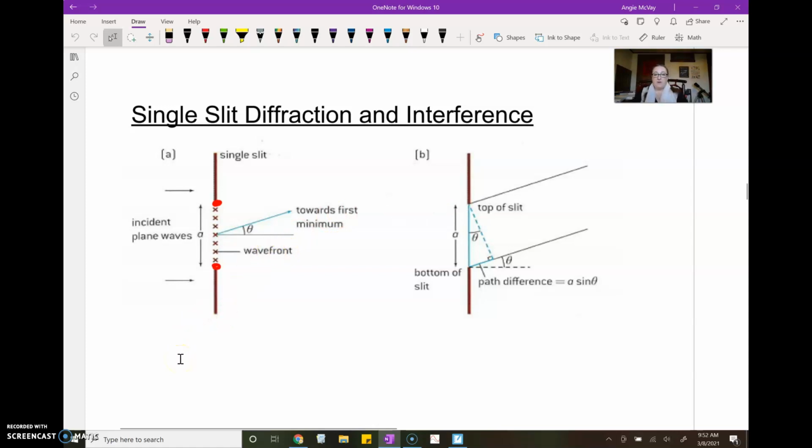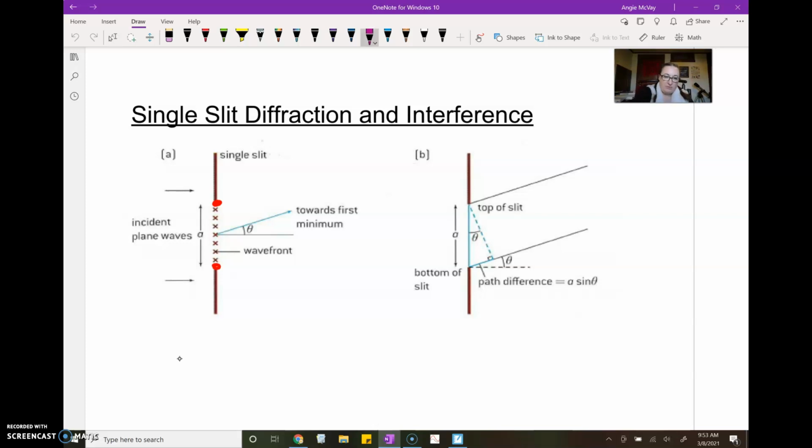Okay, so we took a look at waves in our ripple tank simulation from a couple of weeks ago. We talked about a couple of things. We talked about how single slits or obstacles with a single hole in them produce kind of a circular waveform.